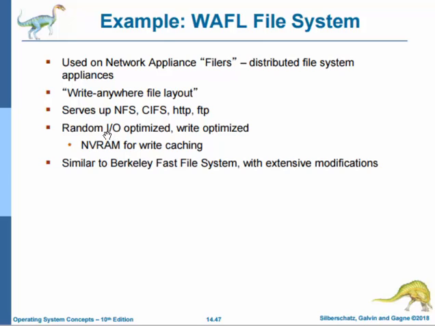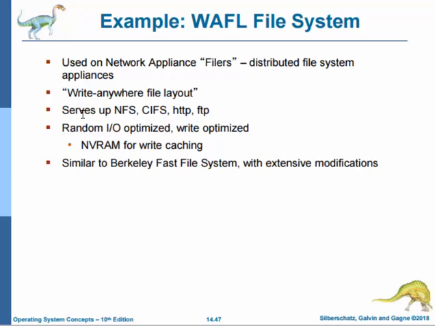This system never overwrites blocks with new data. Rather, a transaction writes all the data and metadata changes to a new block. When the transaction is complete, the metadata structure that pointed to the old version of these blocks is updated to point to the new blocks.